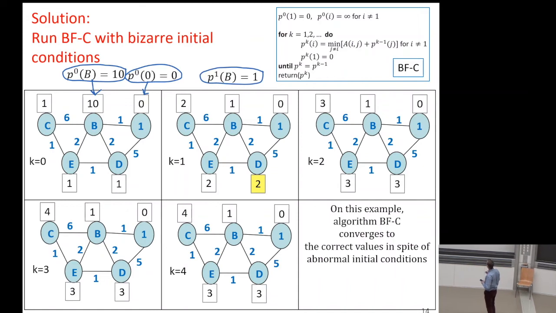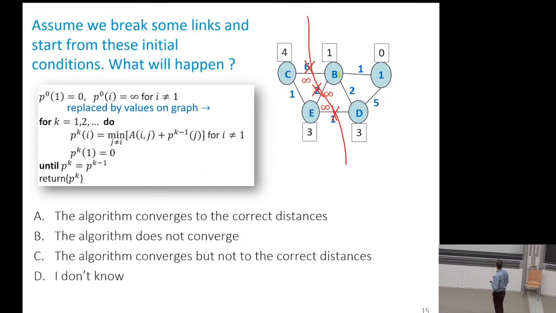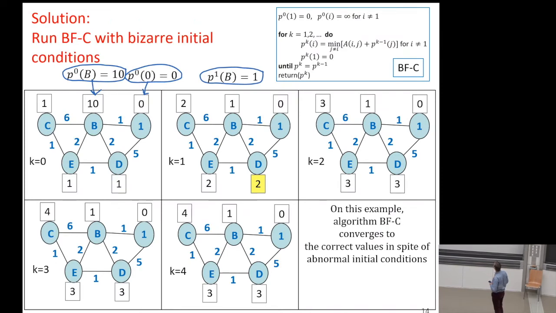So the values will be the ones that are shown here. So the correct answer, P1 of D at iteration 1, will be 2. So the correct answer is 2.